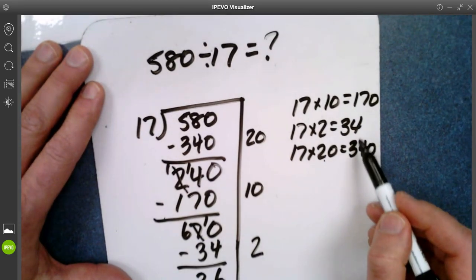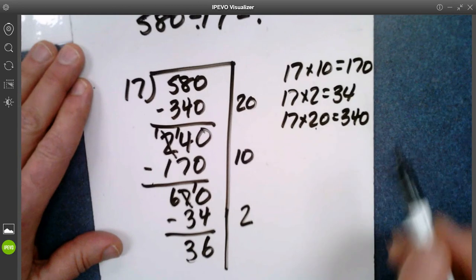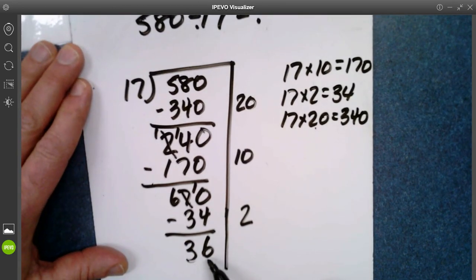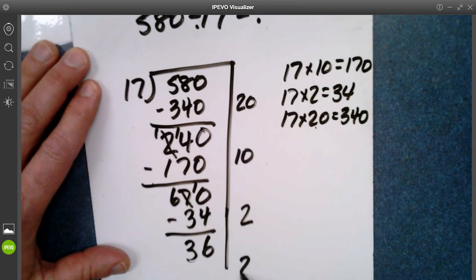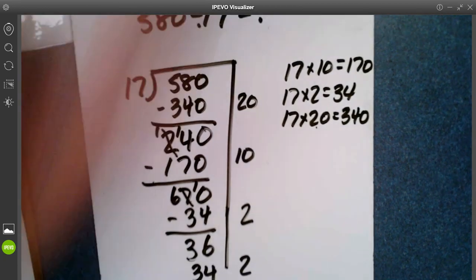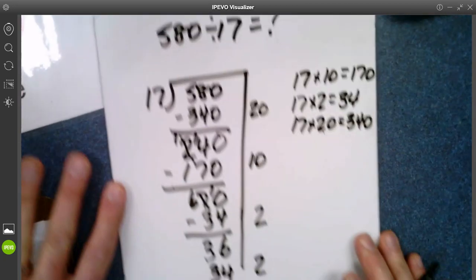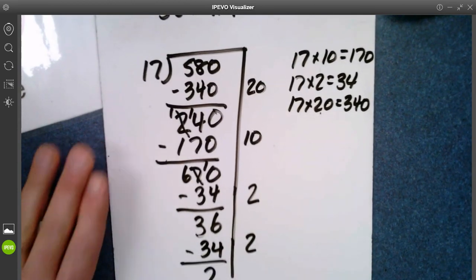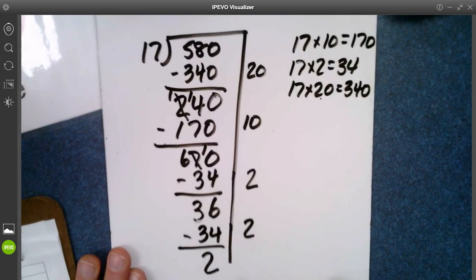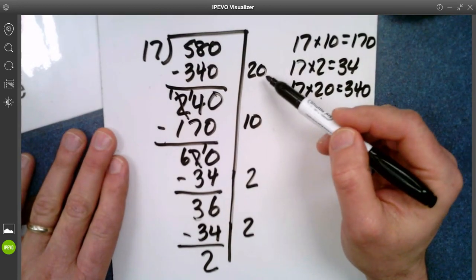And I think to myself, can I keep going? Well, yeah, I can keep going. As long as this number is bigger than my divisor, I've got to keep going. So I'm going to do another 2. And let me zoom out a little bit so you can see it here. I'm going to do another 2, and I subtract and I get 2. And now I'm done.